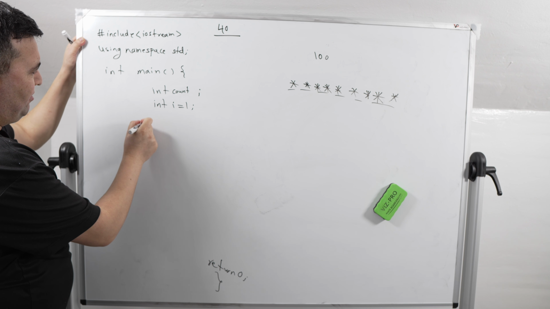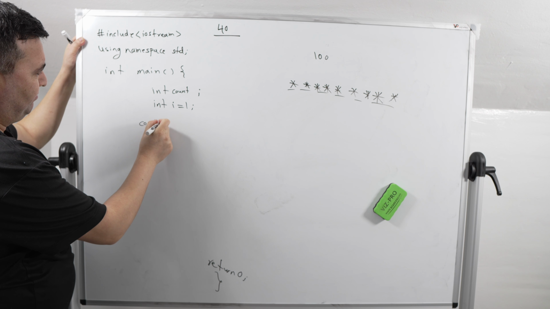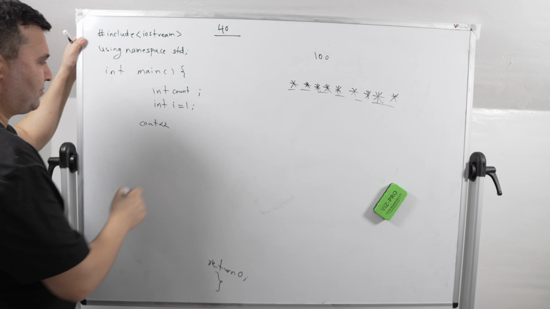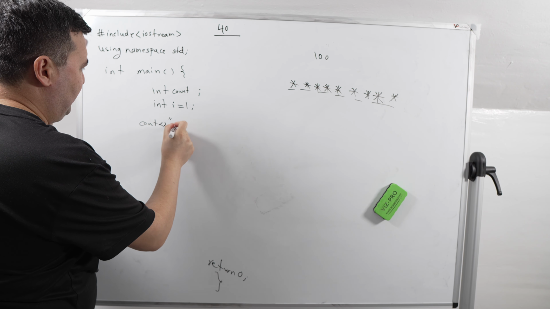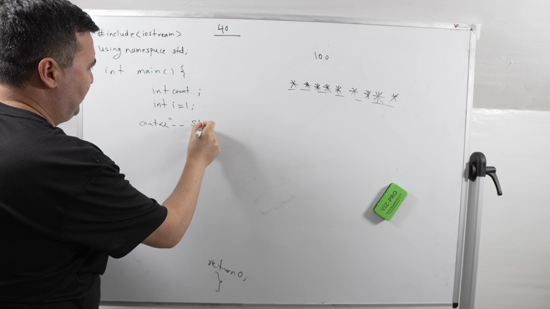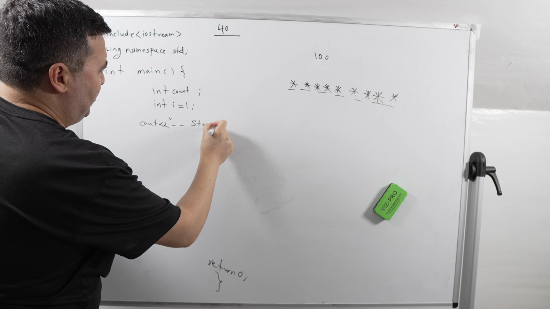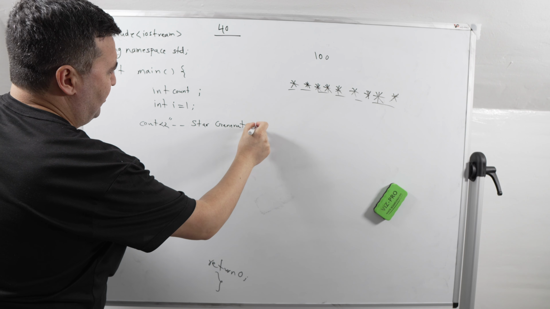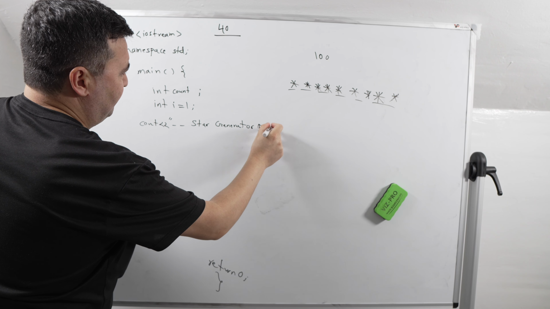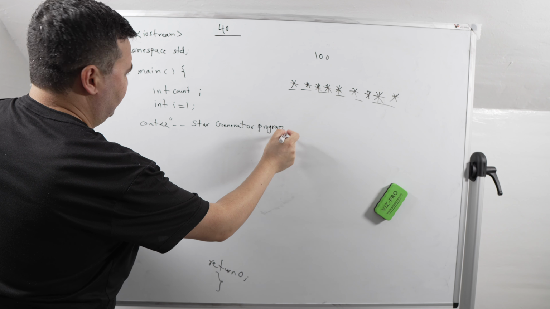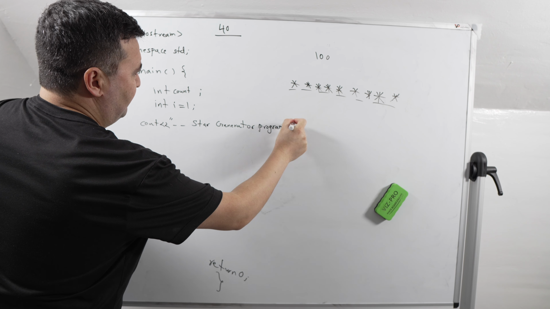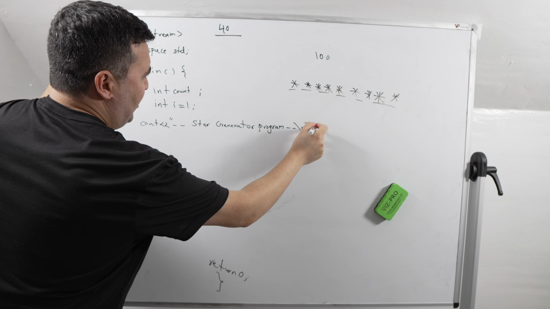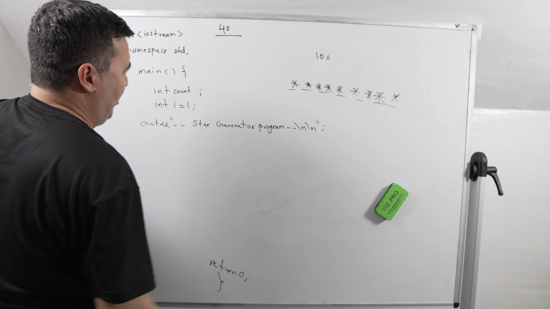And now I ask the user with cout. First, I need to write here, star generator program, \n, new line, and then a semicolon.